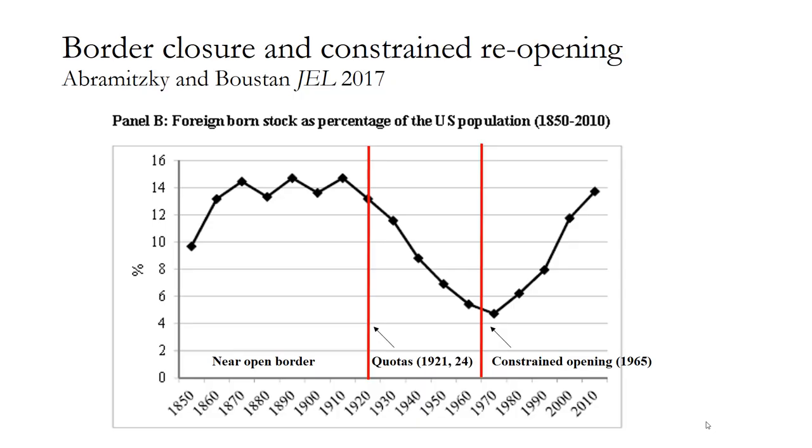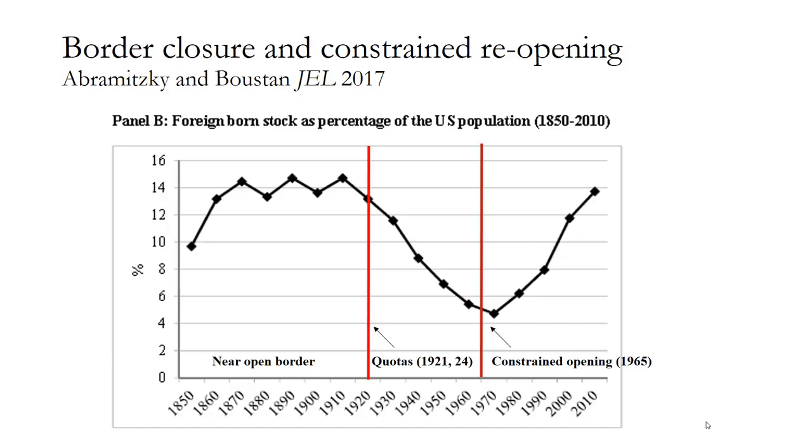This picture illustrates the change in regime in immigration policy by looking at the share of the US population that's foreign-born from 1850 to 2010 using US Census data. During this age of mass migration period, 14% of the population is foreign-born. Then the quotas that we'll discuss in a few minutes are phased in over the course of the 1920s.